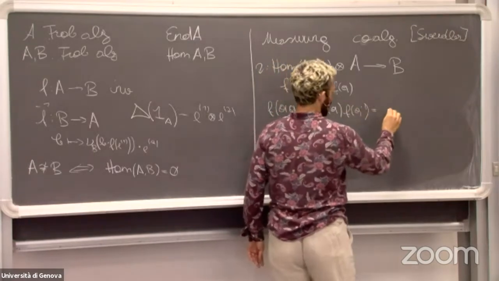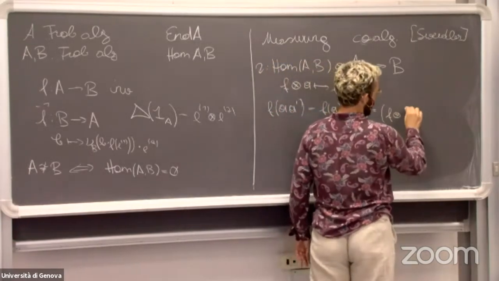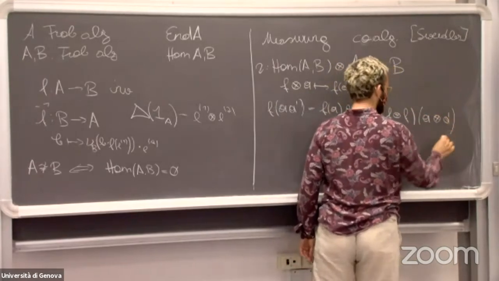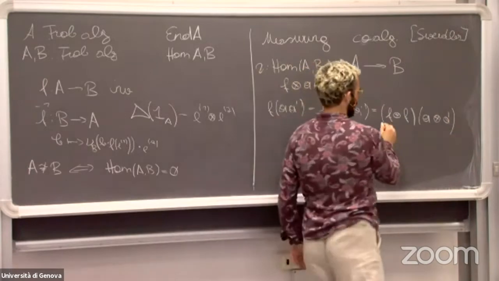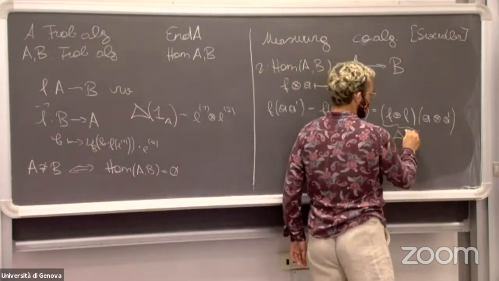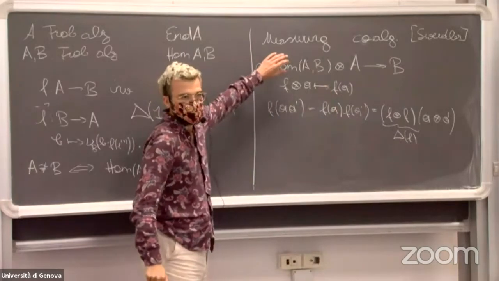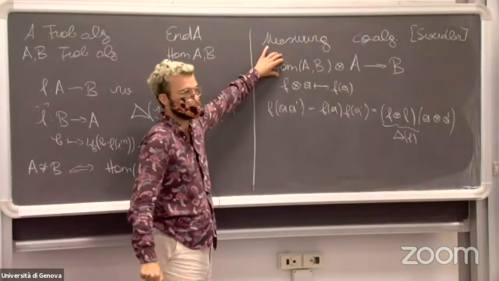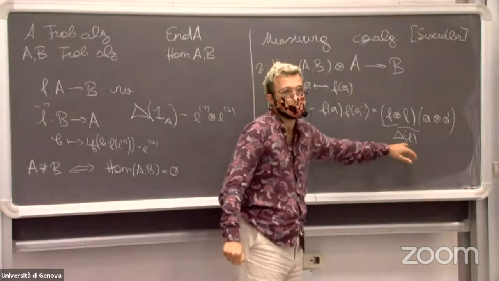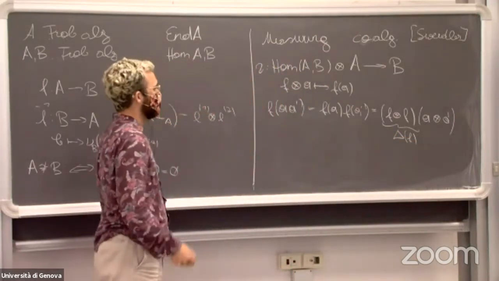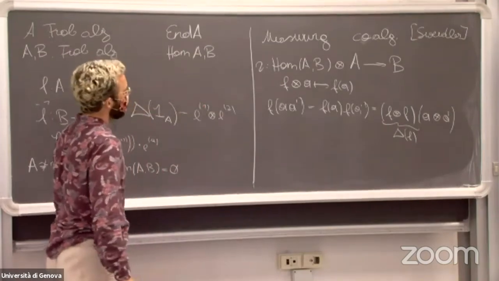Let me write it a little bit differently: this is F tensor F applied on A tensor A bar. And this already looks like a group-like element. So the idea is to put a co-multiplication structure on these Hom spaces and then allow different co-multiplications here, not just group-like elements. And this seems to be really fruitful.